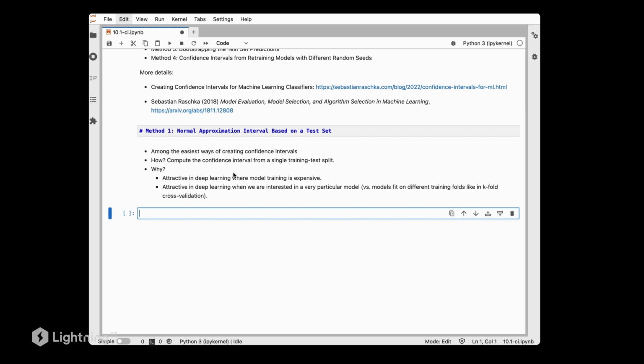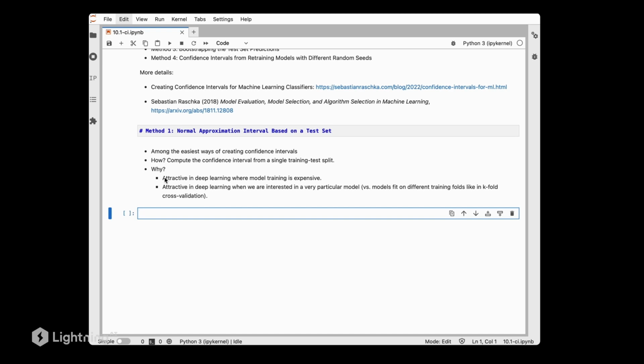And it's particularly attractive in practice because the model training is expensive. So if we only have to train the model once and apply it to one test set, then it's cheaper in the context of deep learning, where it takes sometimes many days or weeks to train a model. And it's also attractive because it evaluates this specific model.